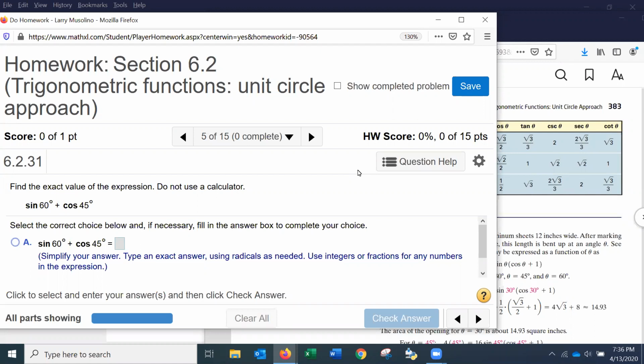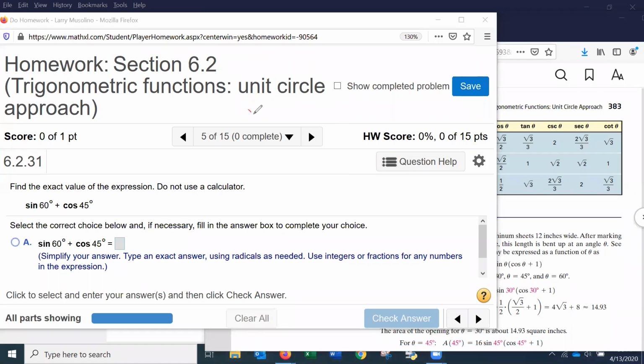What that means is MyMathLab is not asking for a decimal approximation. It's asking for an exact value. That might mean that your answer might include square roots. For example, just to show what they mean, if my answer happened to include a square root of 2, I would leave the answer like that.